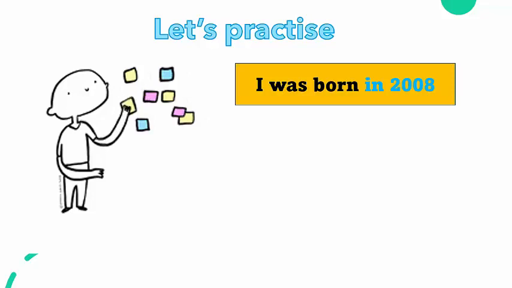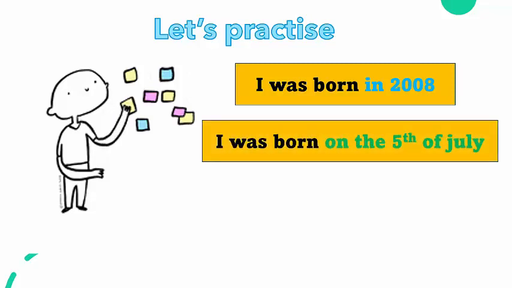So I was born in 2008, 2011, whatever, according to your year. Or I can say, I was born on the 5th of July. I use "on" here because I mention a particular date.